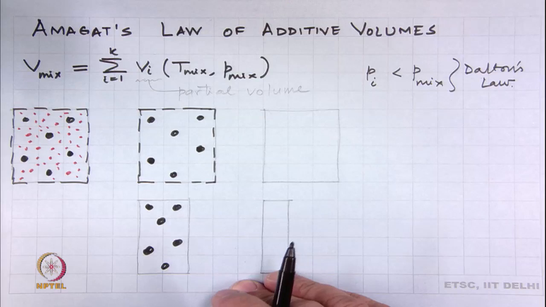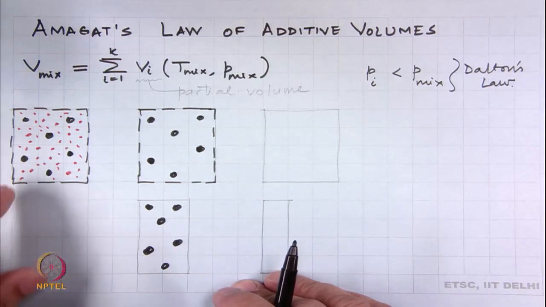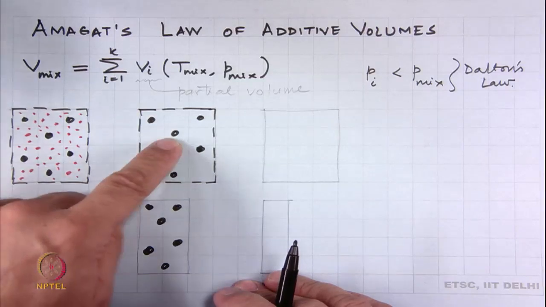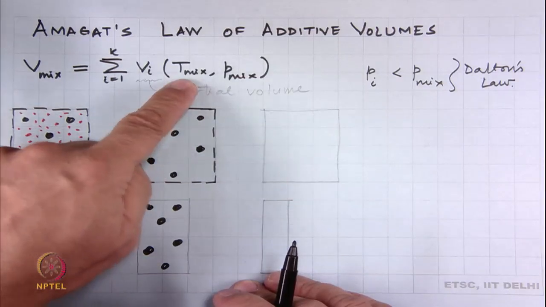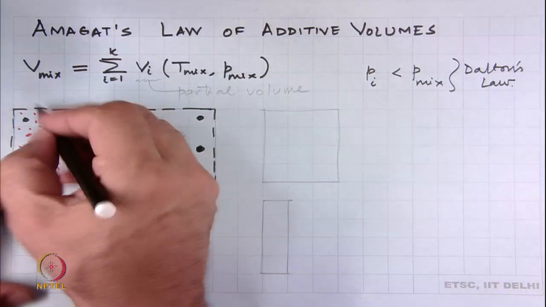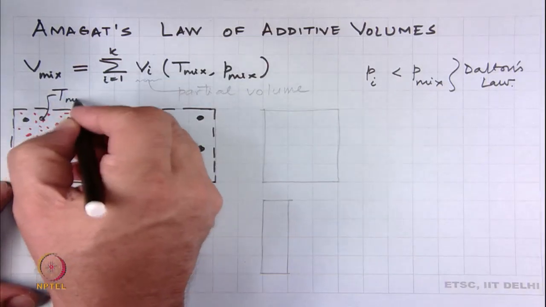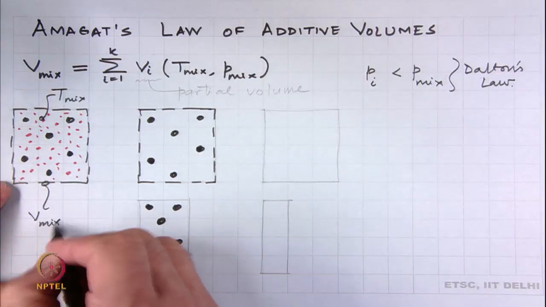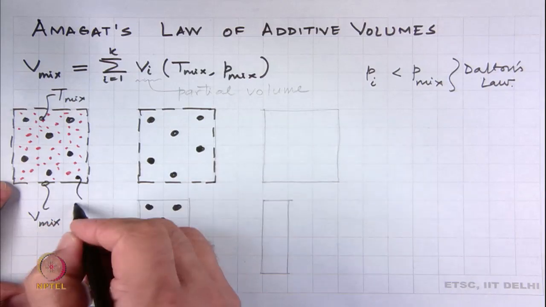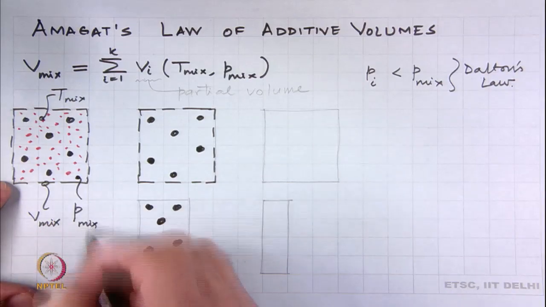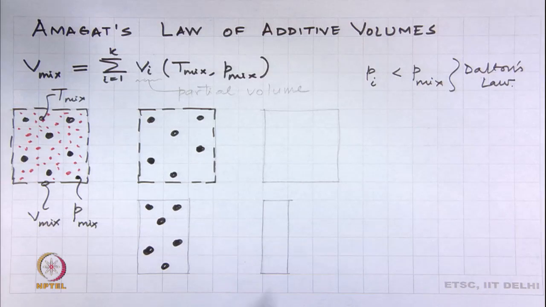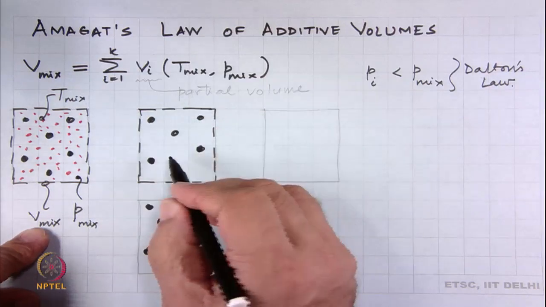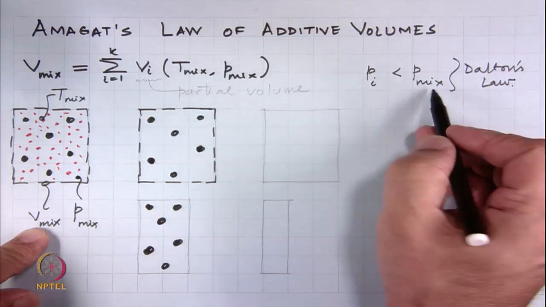But Amagat's law requires that the volume of the mixture will be the volume occupied by this species if it were at the same temperature as the mixture. So, here this mixture was at T mix, the volume of this was V mix and the pressure inside was P mix. When we separated out, the volume was the same, we could have maintained the same temperature, but pressure will always be less than the mixture pressure.